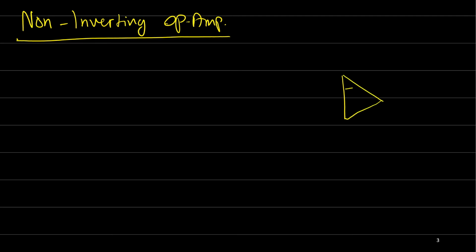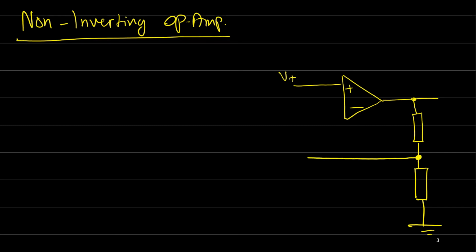We have the op-amp circuit, V plus, and exactly similar to the circuit that we studied last time. Here we have two resistors and in the middle here, it's connected to the inverting input. So this is V plus, this is V minus, and this is V out from here to here, V out.